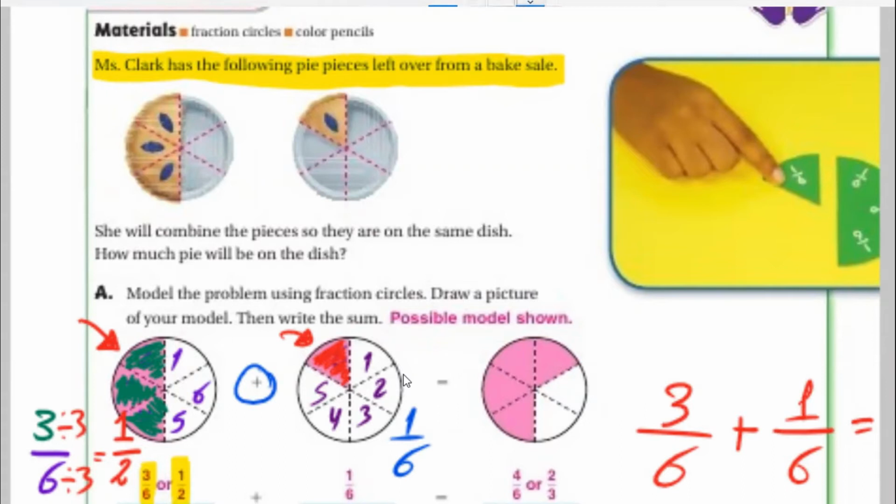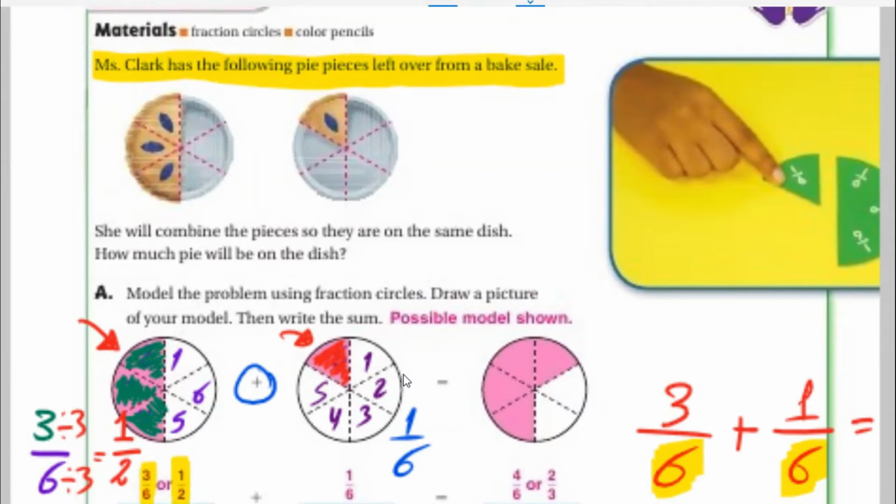Let's take a look at these two fractions. We have 6, the denominator in the first one, and 6, the denominator in the second one. So we have the same denominator, right? So can we add them? Yes, we can, of course. If we have the same denominator, you can add.